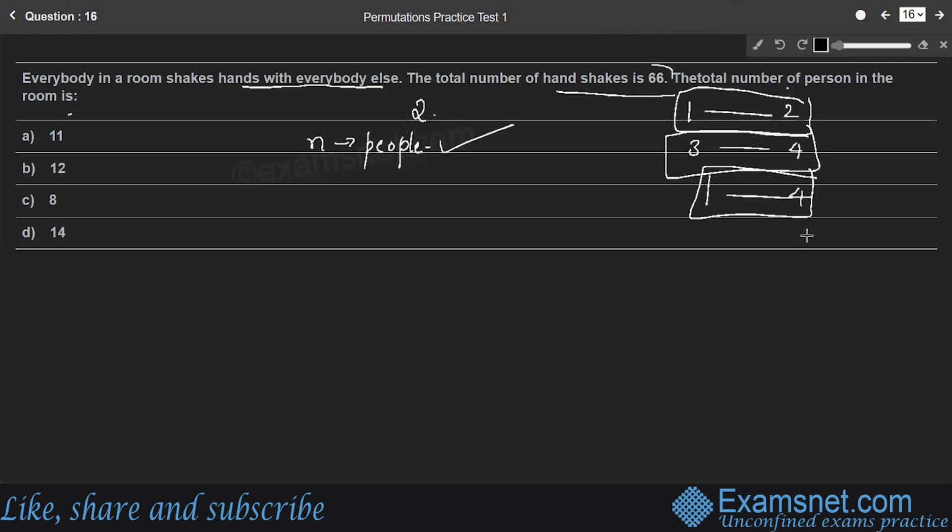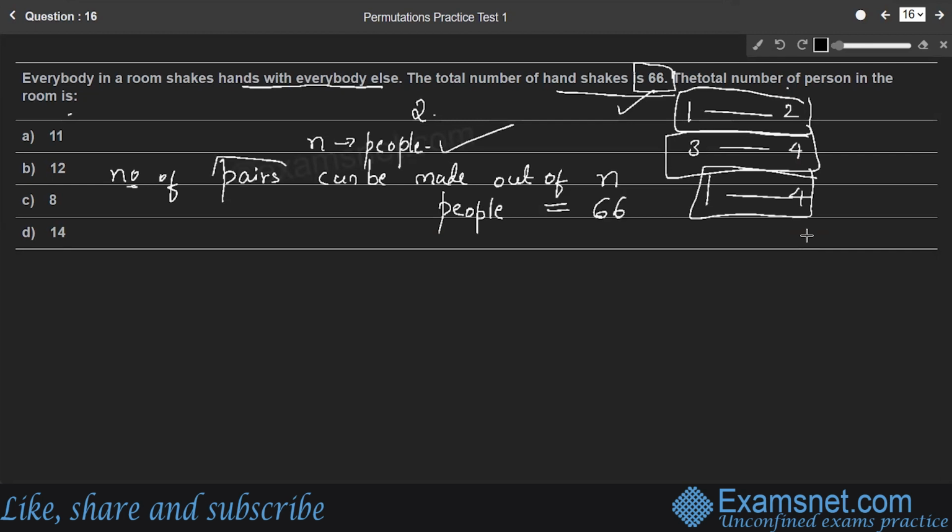And the total handshakes is equal to 66. Therefore, the total handshakes is nothing but the number of pairs that can be made out of n people, which is already given as 66.